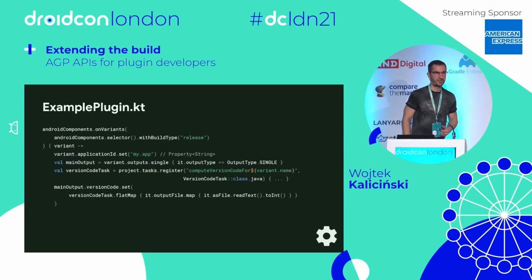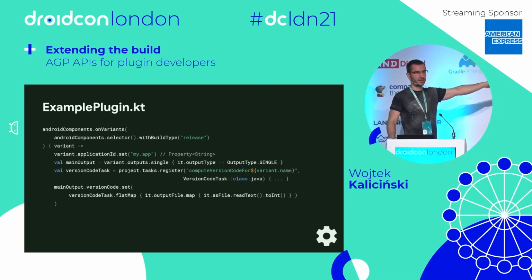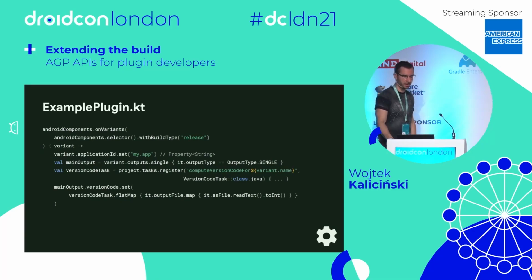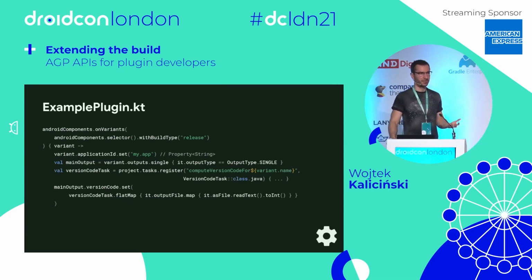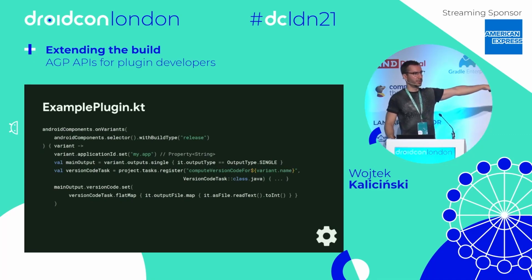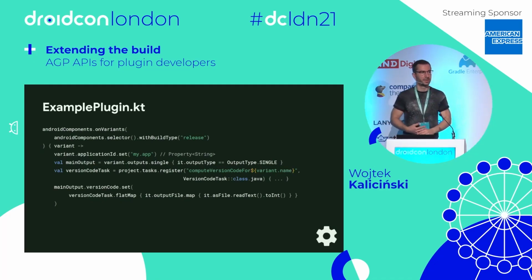I want to compute it using some task. And so what I can do is I can register my task. We now know that we get a task provider from it. So this task executes potentially when it's needed, it will be called. And then I can flat map the output of that task and set it as the version code. So I set it on the version code property of that output.